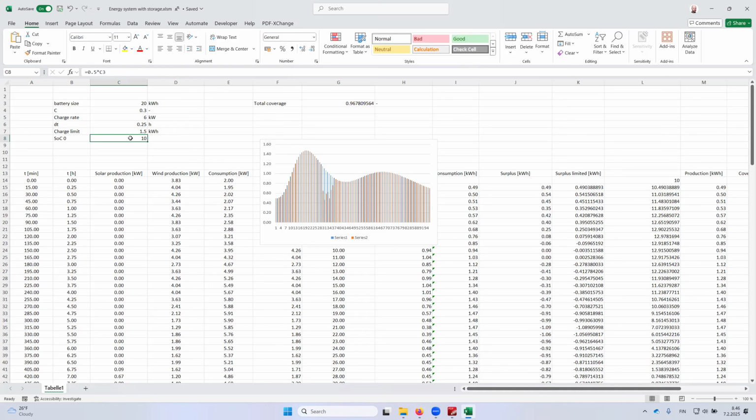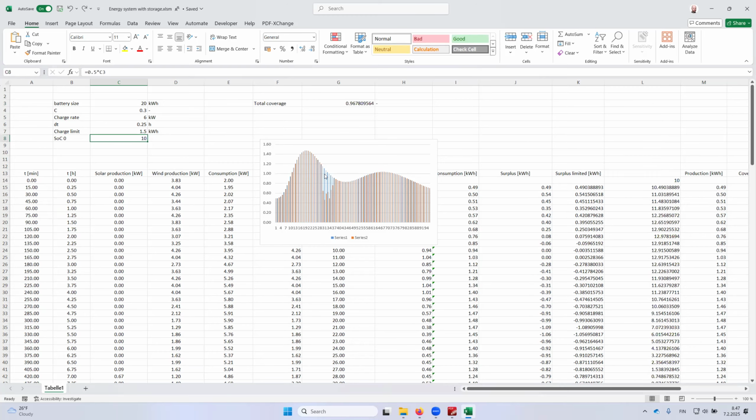But again, if we don't have initial state of charge, so if our initial state of charge would be 0.1, you can see that if we increase the battery size, well, now it actually does it. So let's put 0 into here. No matter how big of a battery I put in here, it still cannot cover any more than 86%. So that's why I have to have some initial charge in there.